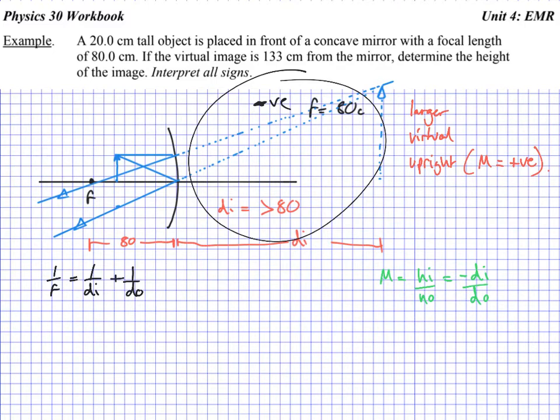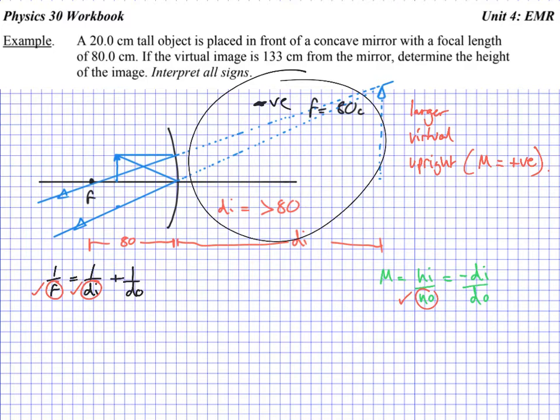All right. So what do I know? Let's just circle what I know. I know the focal length. I know the distance of the image. It's a negative value, negative 133. I also know the height of the object. I'm told that it's 20 centimeters.